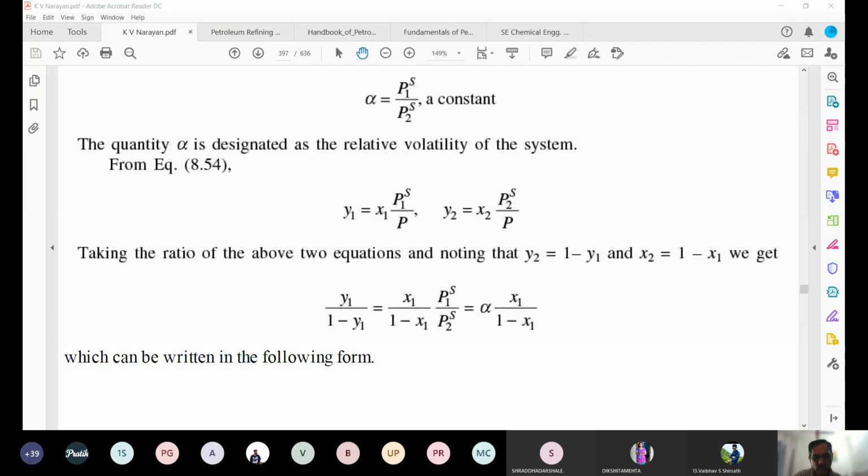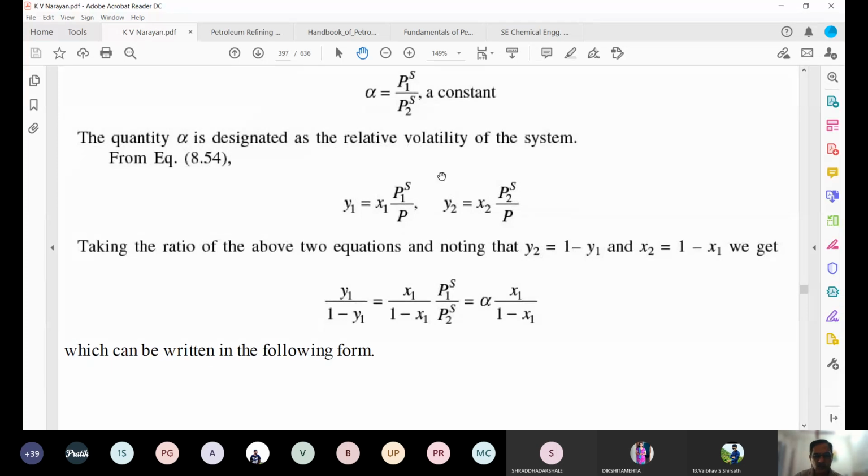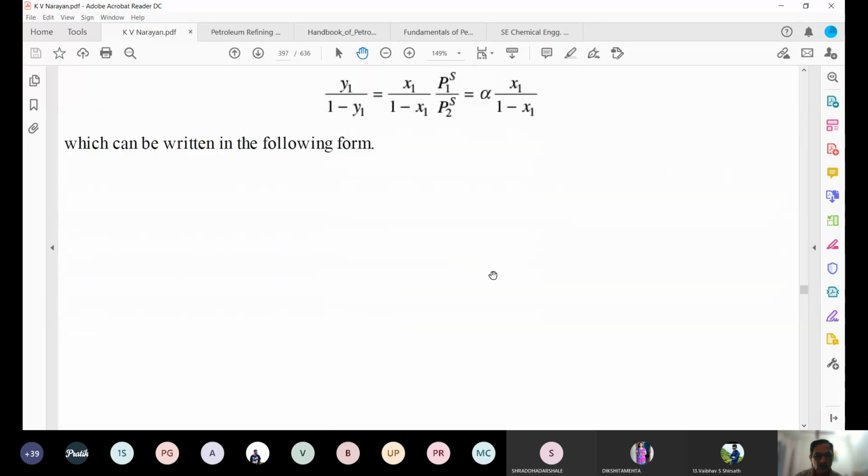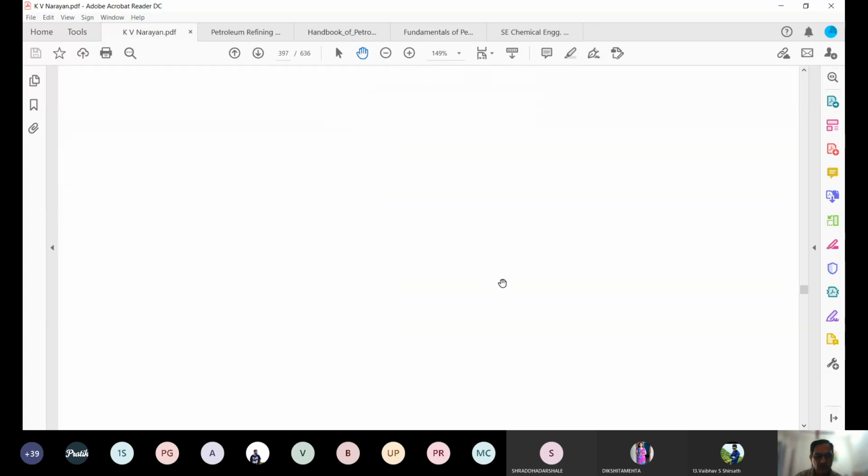So what we have to do is use this equation and calculate alpha for each of those temperature values, 371.4 up to 398.6. So we get 6 values of alpha, and then we take the average of all those values.